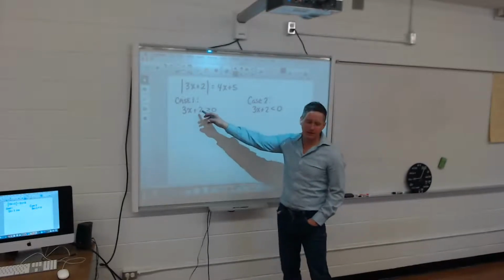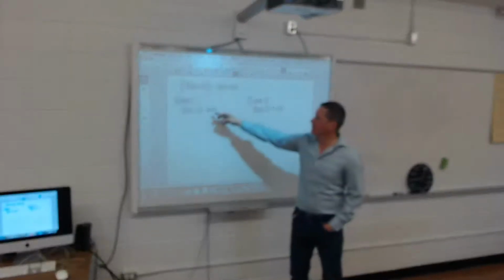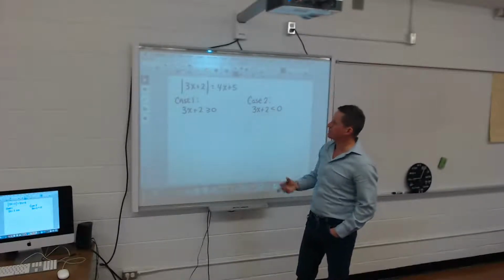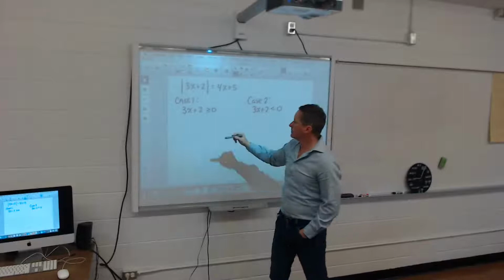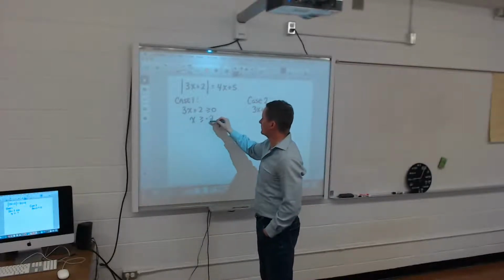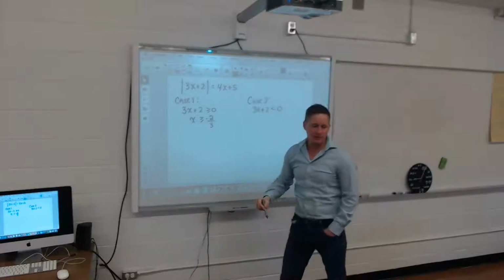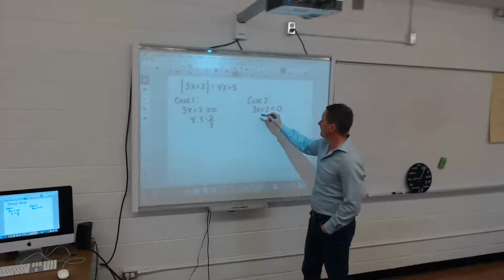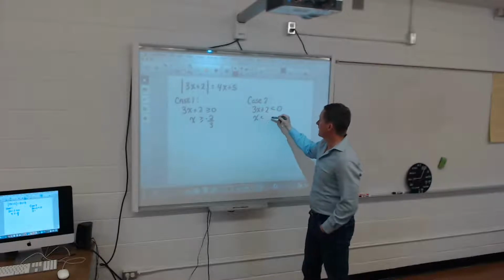Each time I do this, I'm going to run it as 3x plus 2 is greater than or equal to 0, and then 3x plus 2 is less than 0. I solve for this, and I get x is greater than or equal to negative 2/3. So my answer would have to be x is greater than or equal to negative 2/3, or x is less than negative 2/3.